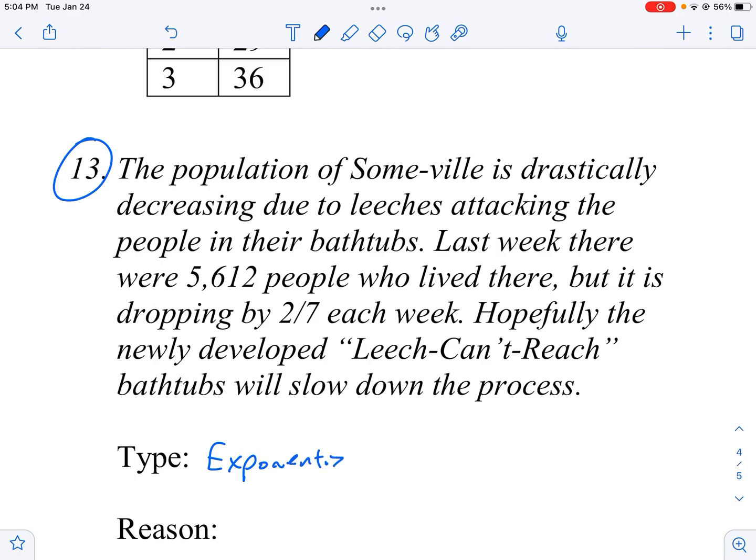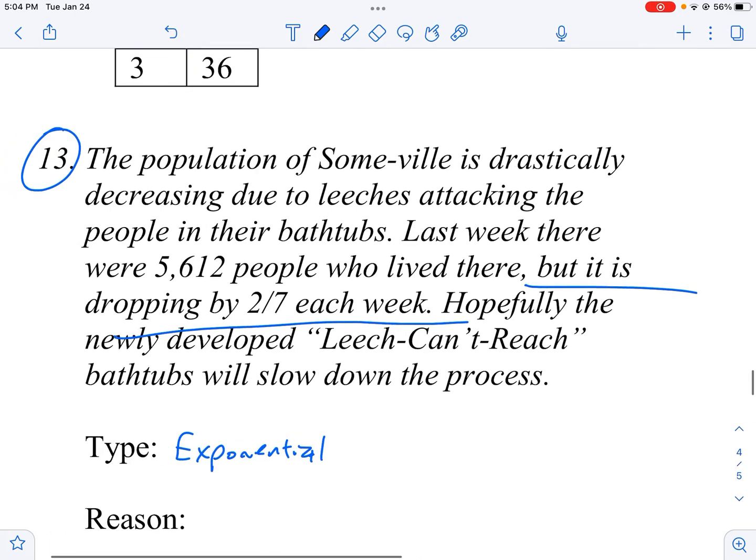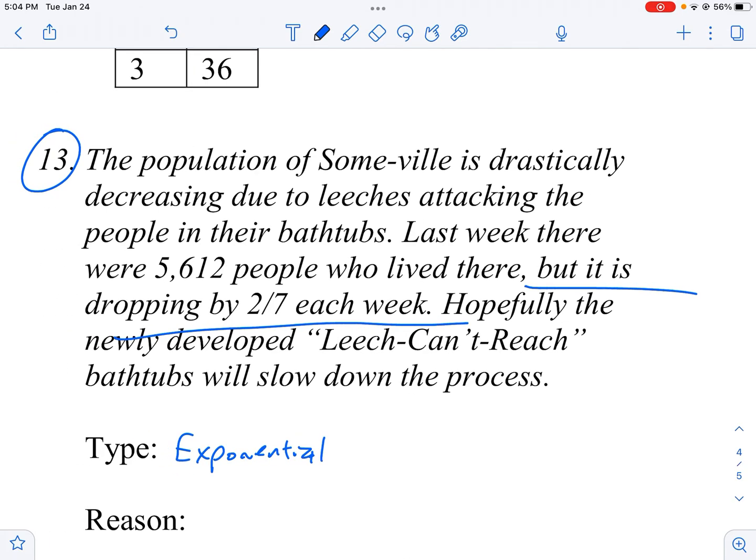And that is because of right here. You're dropping 2/7 each week. So if you have a lot of people and you lose 2/7, you still have some people left. But then the next week, if you lose 2/7 again, you're losing a portion of it each week. That's very similar to losing a percent each week. So whatever amount is left, you're taking a portion of it.